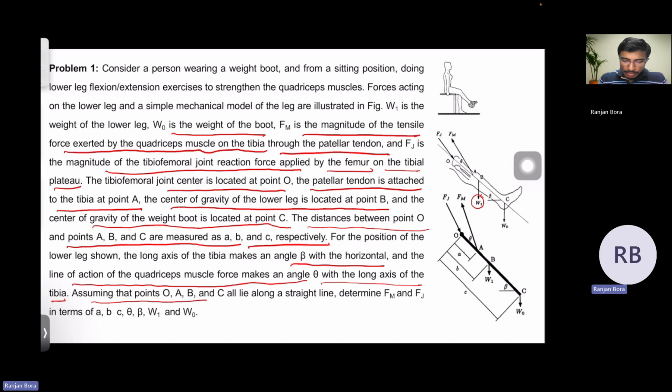Assuming that points O, A, B, and C all lie along a straight line, determine Fm and Fj in terms of A, B, C, theta, beta, W1 and W0. So this is the free body diagram of the leg which is given. So we need to use this free body diagram for solving this problem.